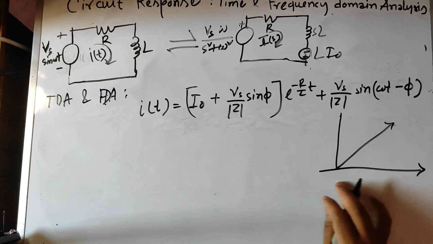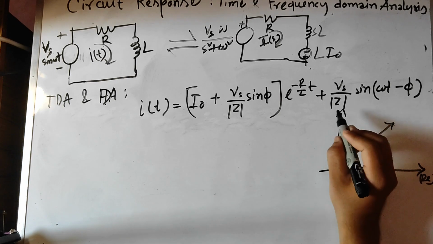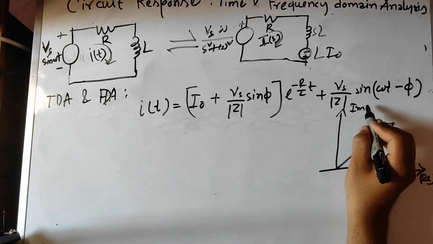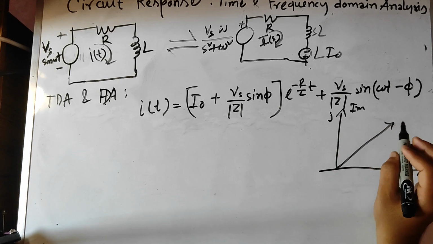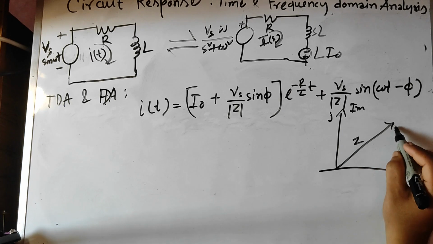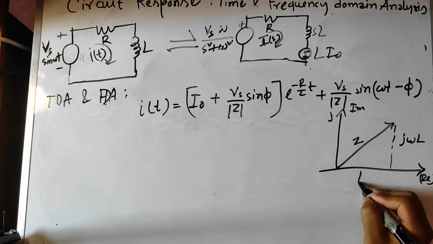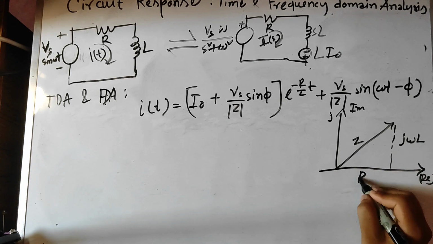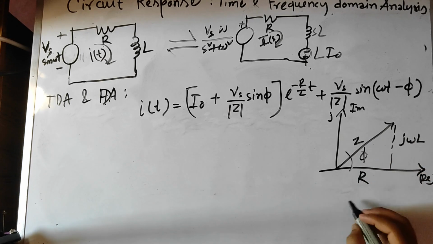if the horizontal axis is the real axis and the vertical is the imaginary axis, and this is the position vector Z, the vertical part will be j omega L and the horizontal part will be R, and this is phi.